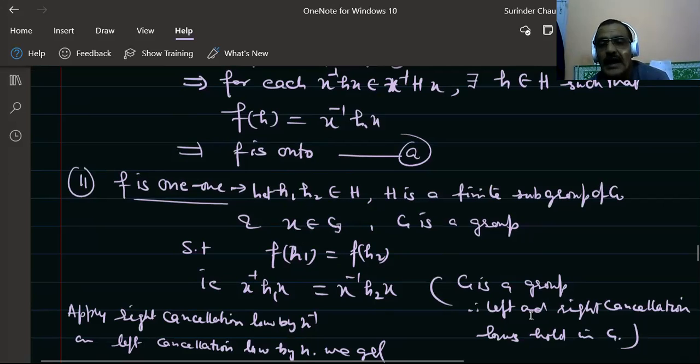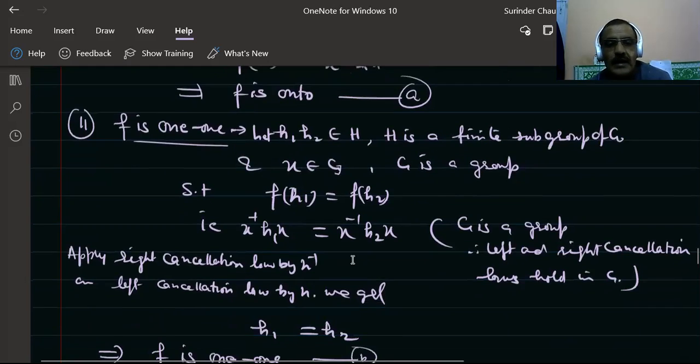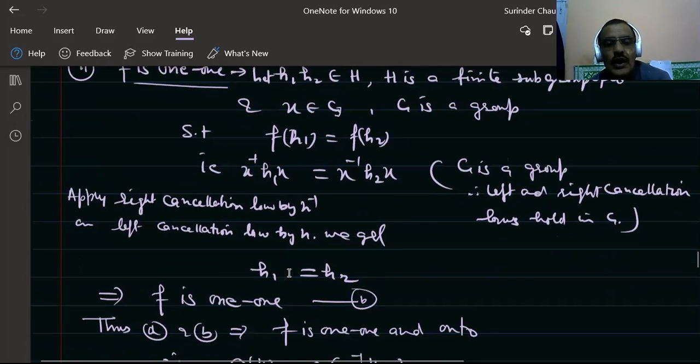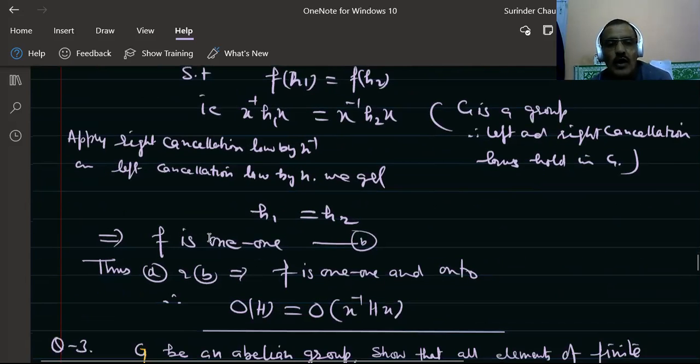Because this is a group, the left cancellation law gives that if we left multiply by x inverse, x into x inverse is equal to e, and right multiplying by x inverse, x into x is equal to e, where x belongs to G. So the right cancellation law implies h1 equals h2. Hence f of h1 equal to f of h2 implies h1 equals h2, so f is 1-1. Since f is 1-1 and onto, the number of elements of H and x inverse Hx are the same, where x belongs to G.